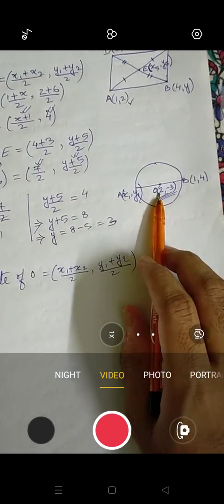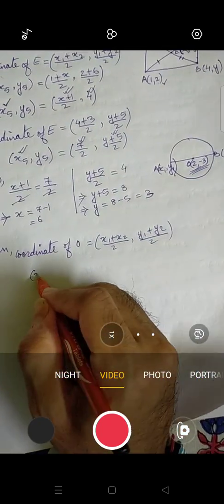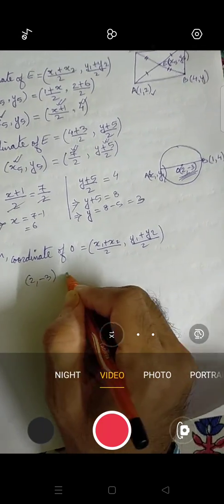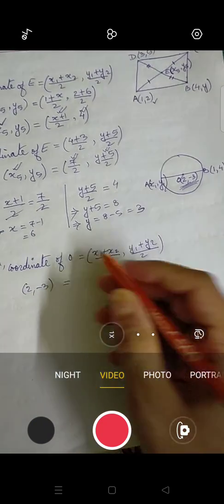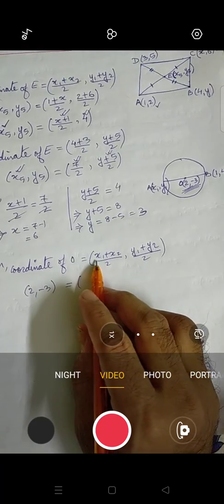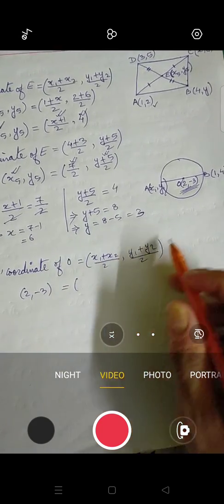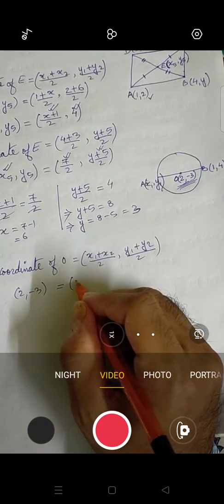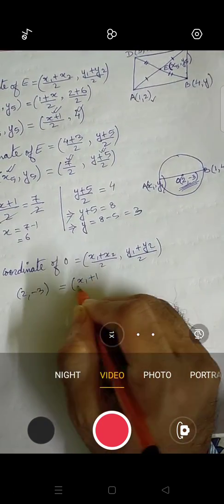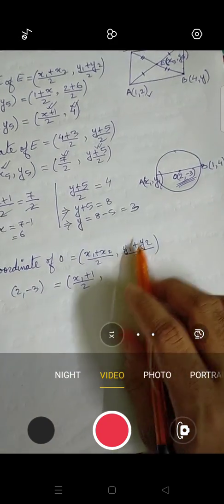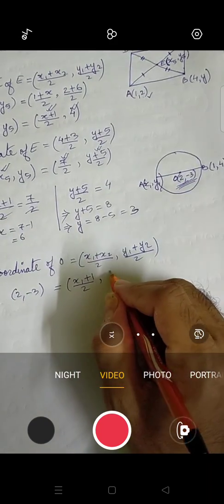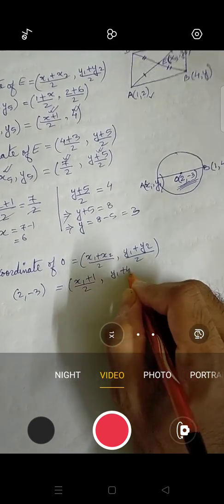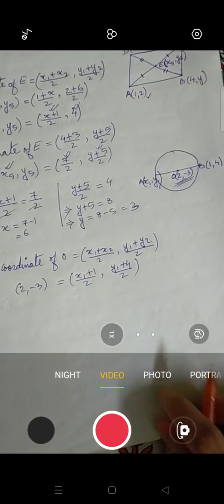Coordinate of O is (2, -3). So this is x1, this is x2, and x2 is 1 only. So we write (x1 plus 1) by 2 comma (y1 plus 4) by 2. Okay.